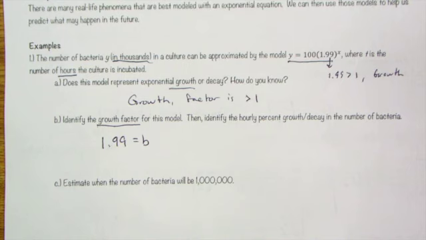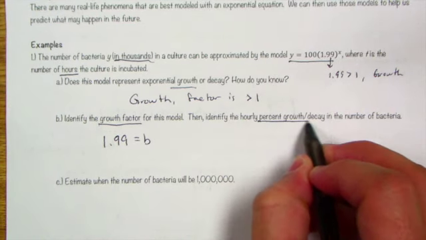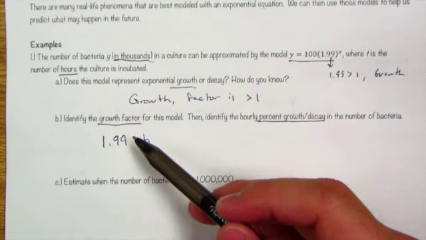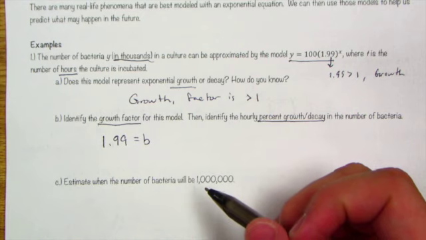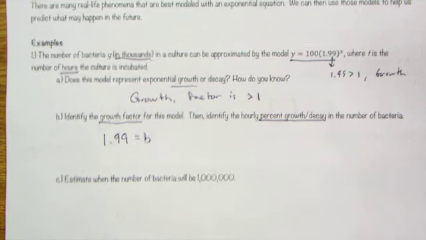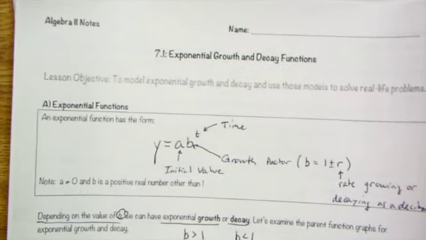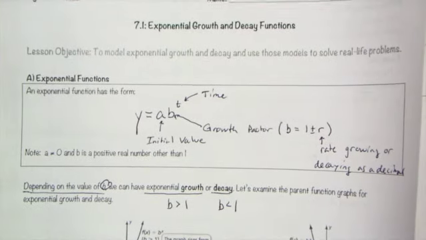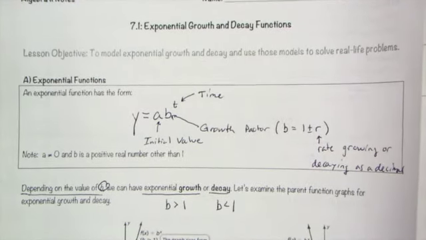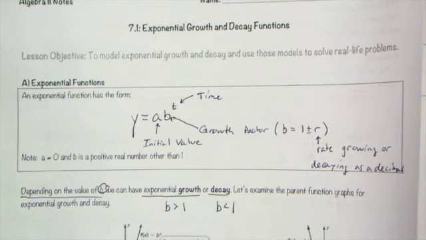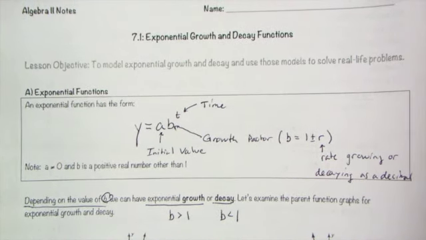Then identify the hourly percent growth. One thing that you need to understand here is there is a difference between the growth factor and the percent growth. Percent growth or decay and the growth factor are different. Remember from the notes on the previous page, B equals 1 plus or minus R, where R is the rate, the percent rate of growth as a decimal.